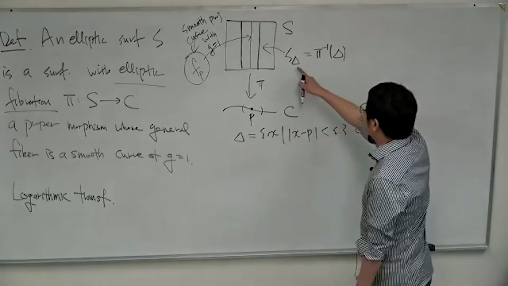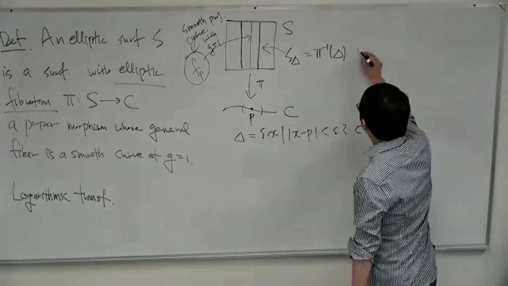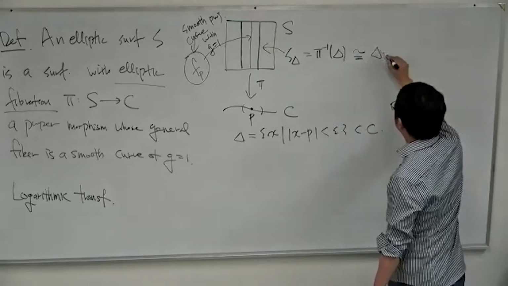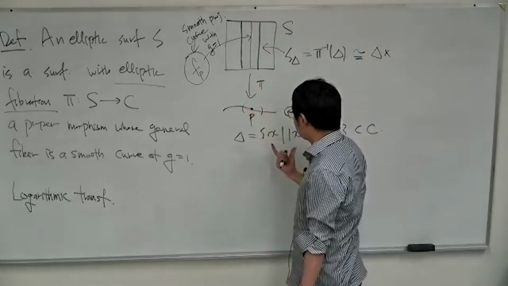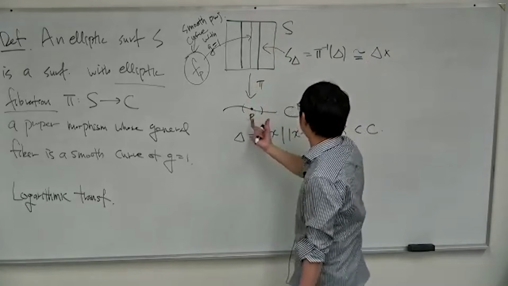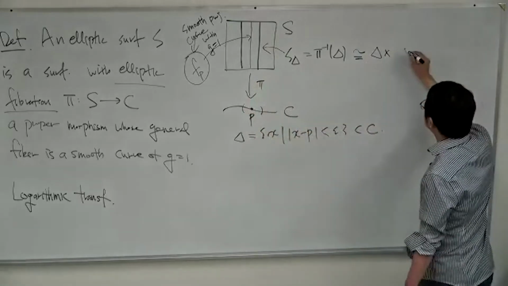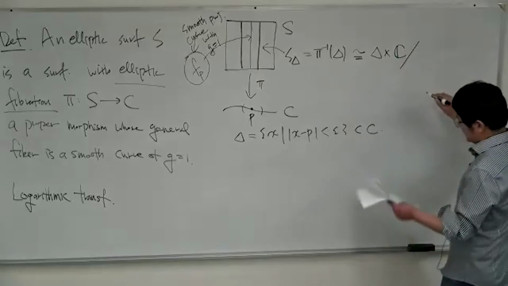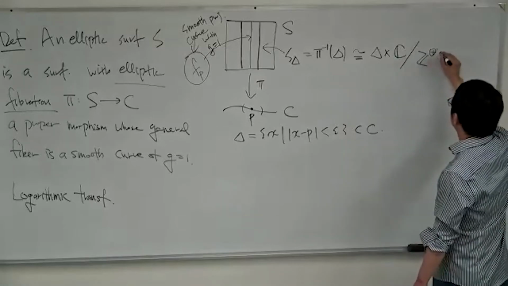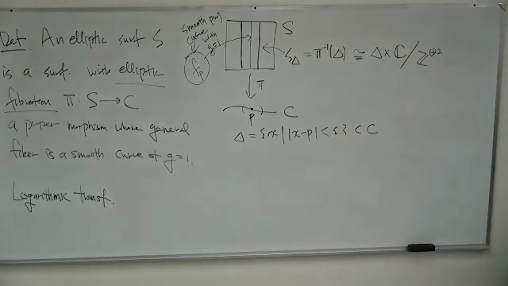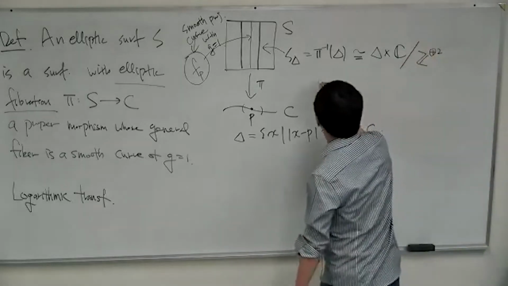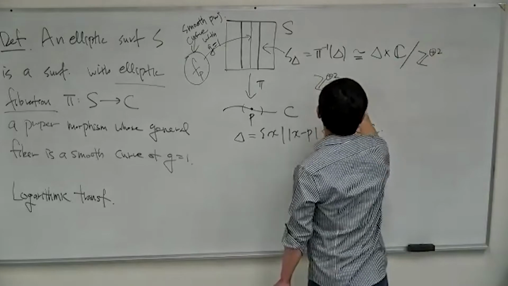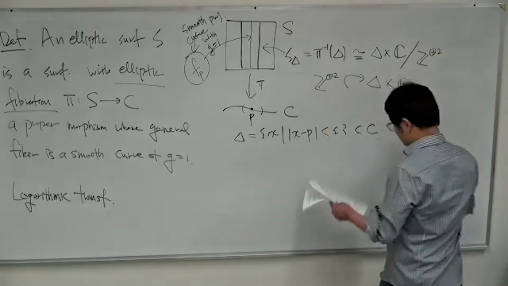And then in this case, this S delta is delta times C modulo G2, if I choose this delta to be a sufficiently small neighborhood, because an elliptic curve always has this uniformization. G2 acts on this delta times C this way.